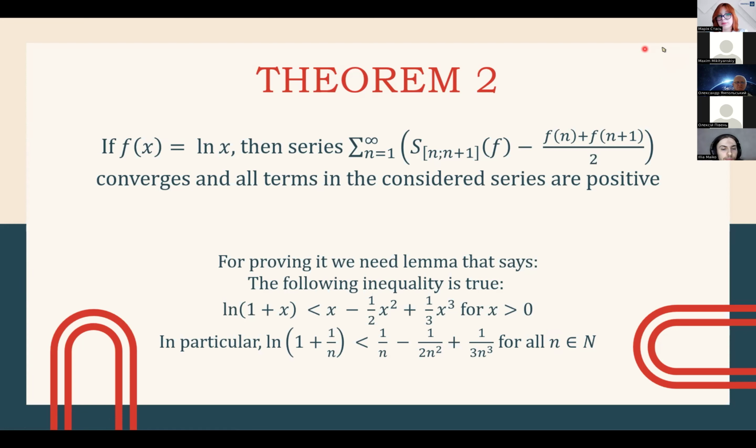For proving it, we need a lemma that says the following inequality is true: the logarithm of 1 plus x is smaller than x minus half of x squared plus x cubed divided by 3 for x bigger than 0. And in particular, if we change x to 1 divided by n, we will get the same for all n that is natural.